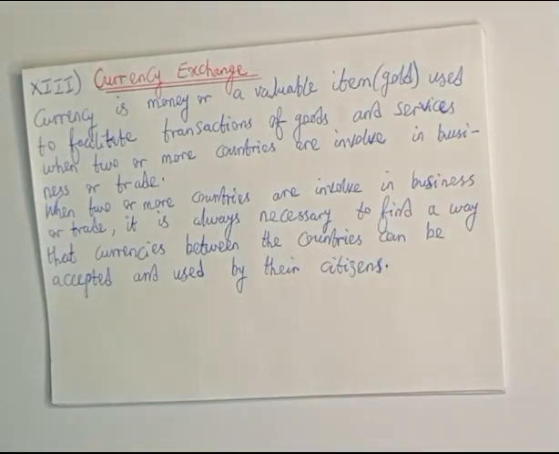Take for example, if my home country, Cameroon, is to do trade with a country like Ghana, Cameroon and Ghana, they have two different currencies. In Cameroon, we make use of the Fcfa, while in Ghana, we make use of the Ghanaian cedis.